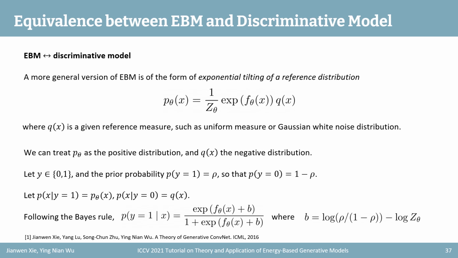We also assume a prior probability of y equal to 1 is rho, so that the prior probability of y equal to 0 is 1 minus rho. p(x given y equals 1) is our distribution p(x), and p(x given y equals 0) is the reference distribution q. According to Bayes' rule, the model can lead to a discriminative model, which is a logistic regression.